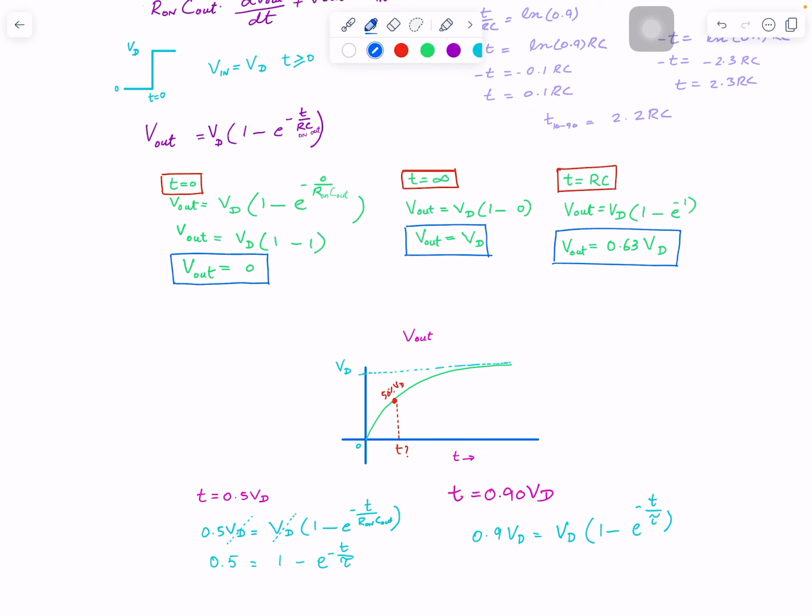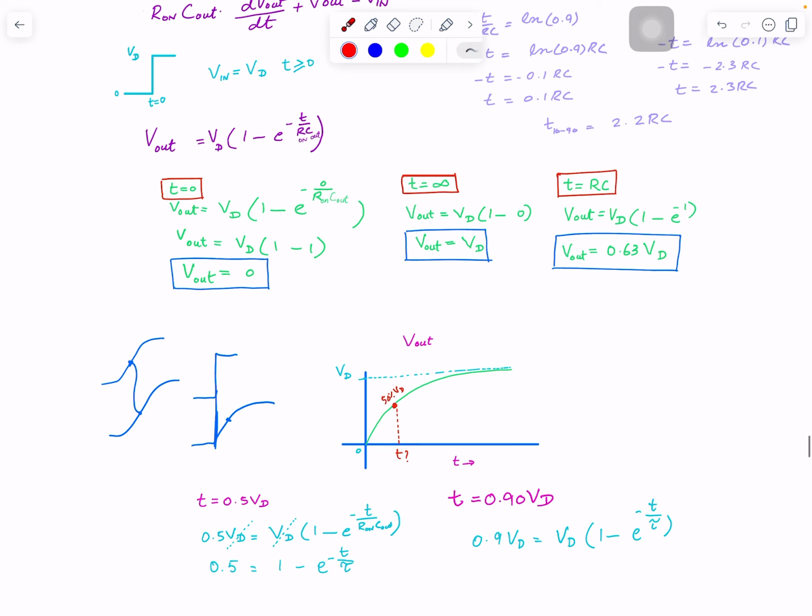If this is your input and this is your output, I'm just assuming there's no inversion happening, so this is the time, the delay. In our case, the voltage input is this and the output is this. So 0 starts here and 50%. It's the same thing I'm talking about.